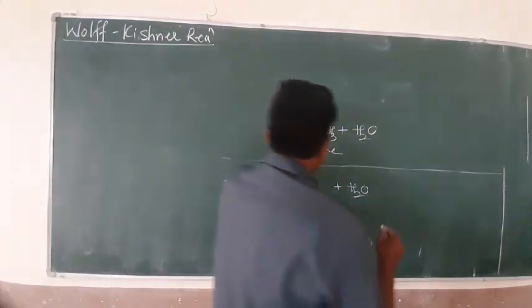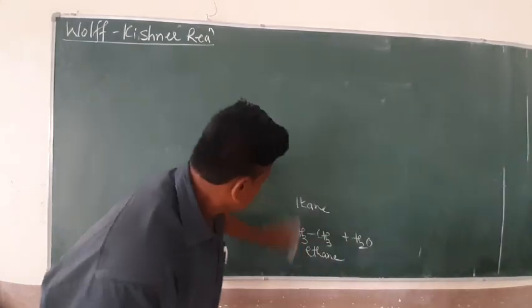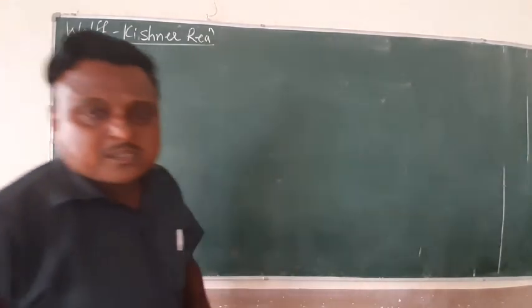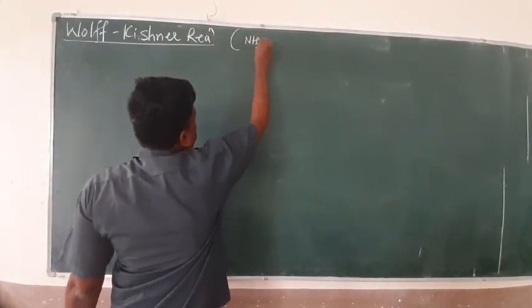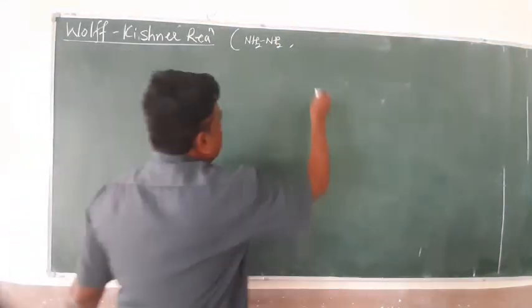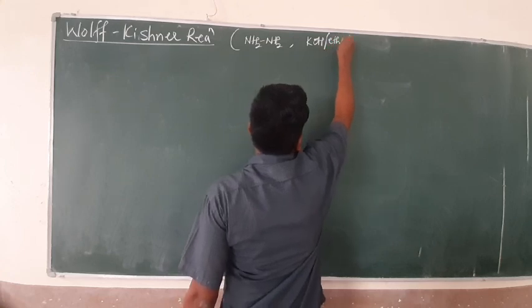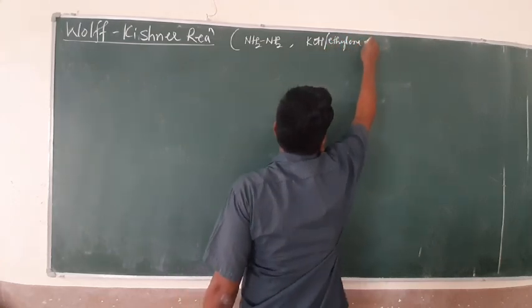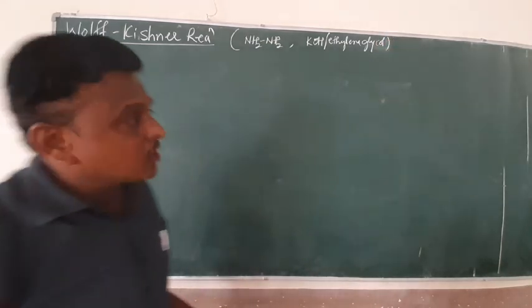So what are the reagents used in the Wolff-Kishner reaction in our syllabus? It's very simple. As mentioned, friends, we use NH2NH2, which is called hydrazine, followed by an alkali, KOH with ethylene glycol. I think all of you know ethylene glycol is a dihydric alcohol.